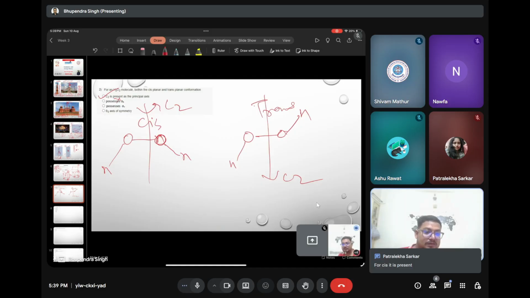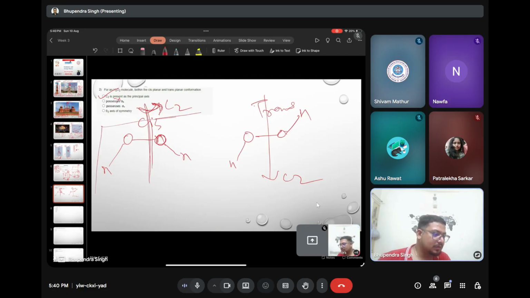For cis it is present. How? This is your C2 axis. So sigma H is perpendicular to this. It will fill up your molecule. These two O to H. After applying the sigma H, it will go like this. So sigma H is not present in this.